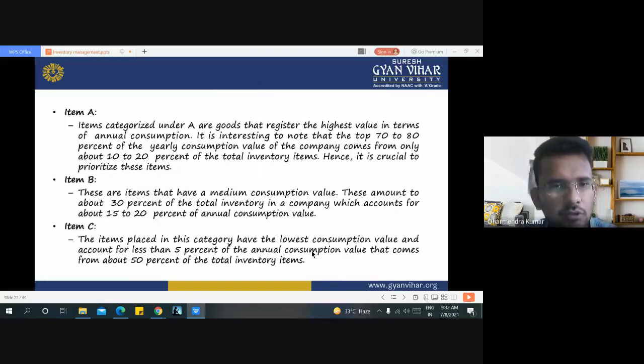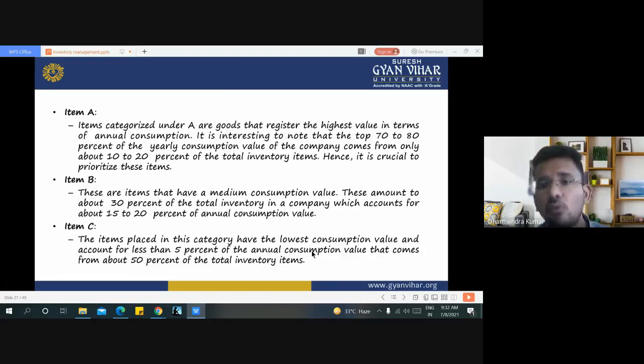These are also some descriptions according to the percentage of money invested in the overall inventory. Item A is categorized under the goods that register the highest value in terms of annual consumption.